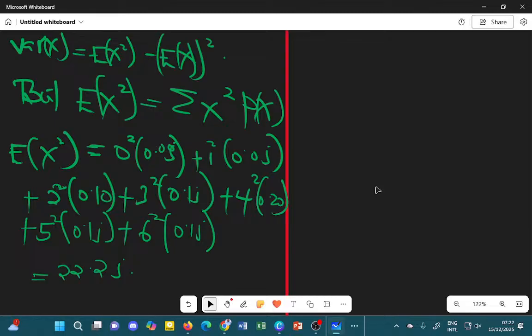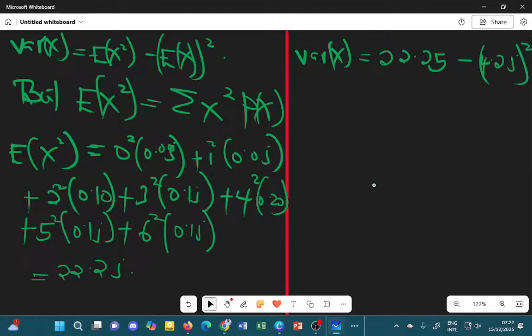Therefore the variance of x will be 22.25 minus the mean which we got. We had worked out the mean to be 4.25. So it will be minus 4.25 squared.